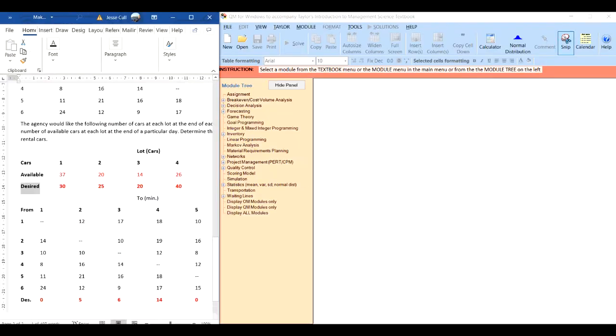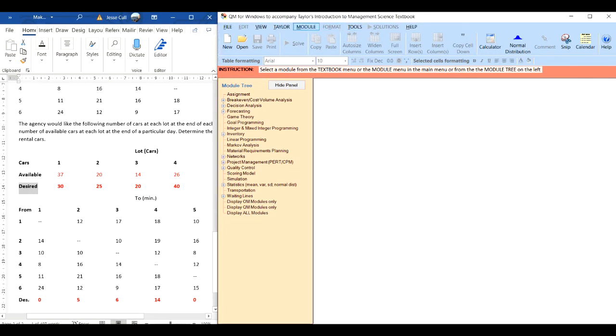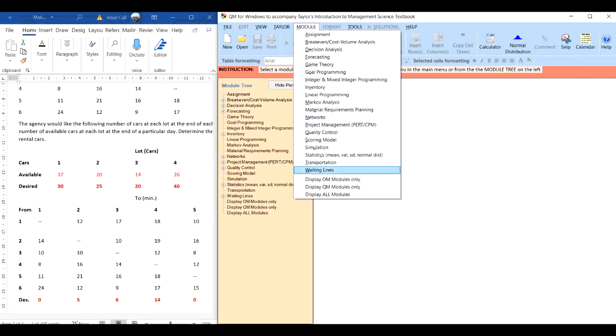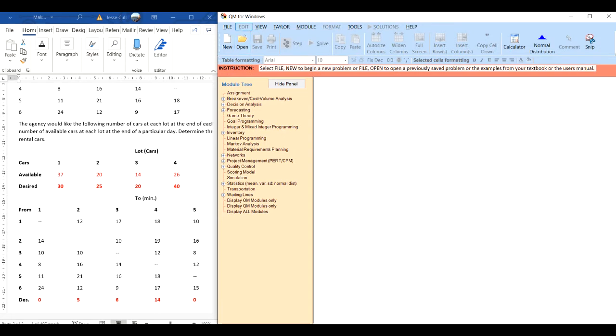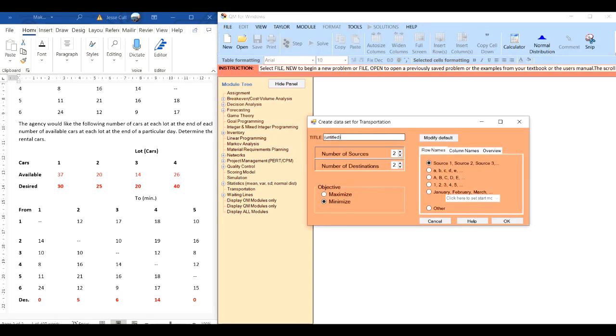So let's solve it first in QM. We're going to open a module, transportation problem, new problem. We'll call it car rental example. We have 6 sources, 6 destinations, and it's a minimization.